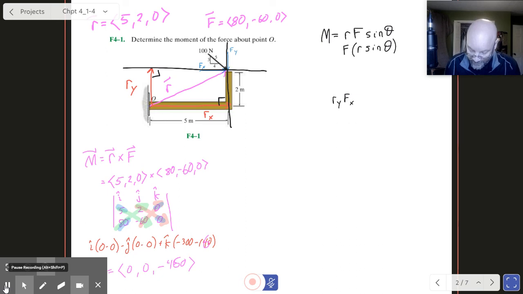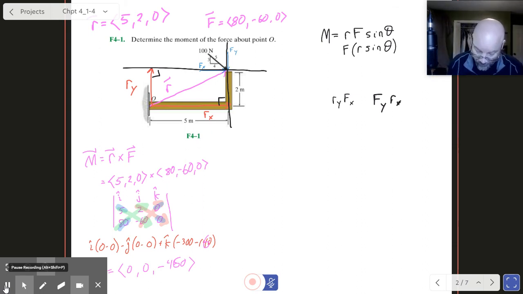So that means I've got this too, Fy Rx. So what we're doing in this third method is we're going to break up the moment into moment generated by the X component and moment generated by the Y component. And then we put them together.